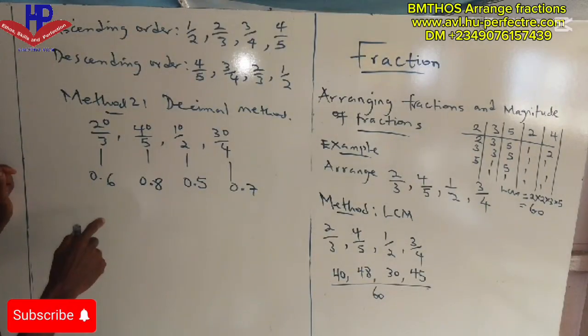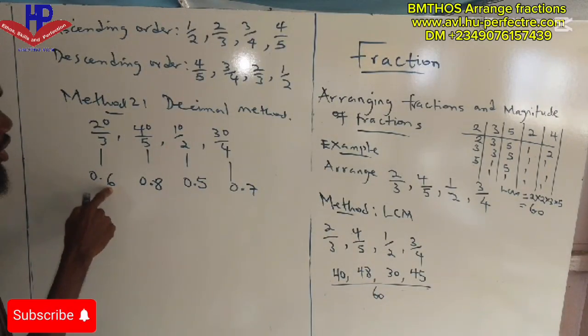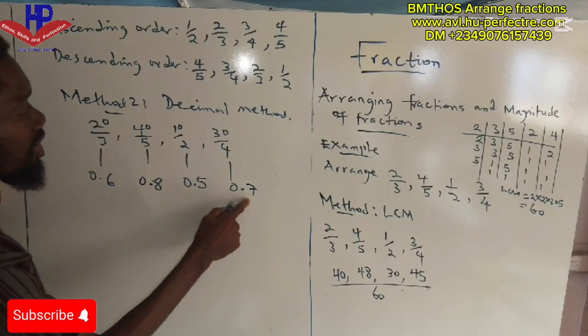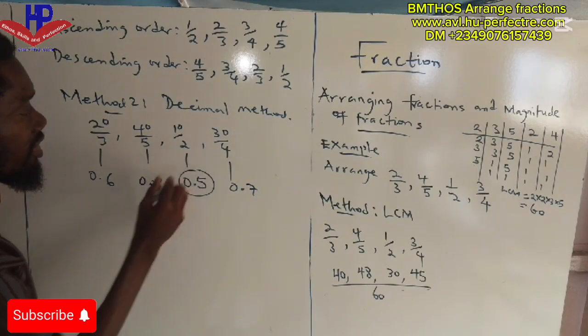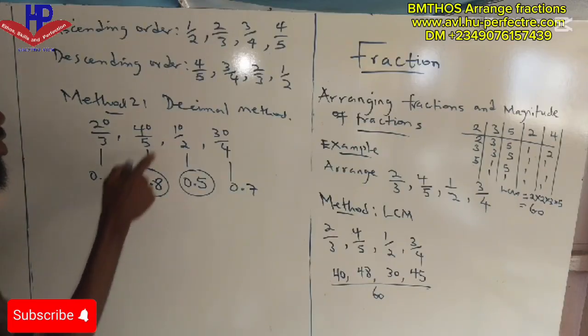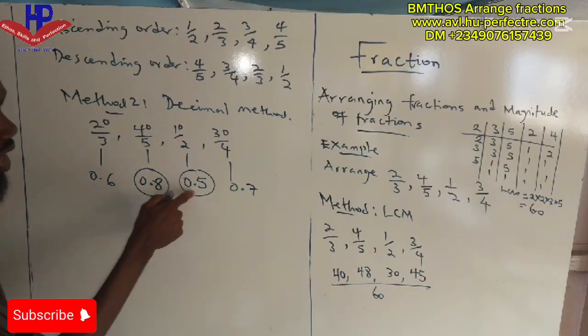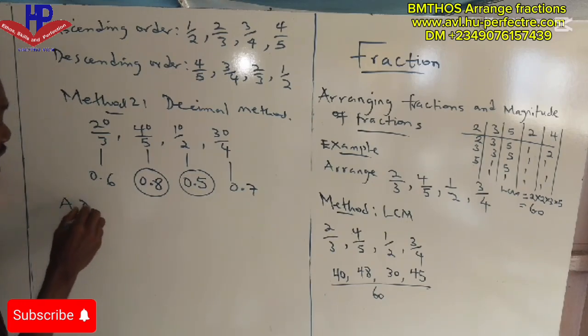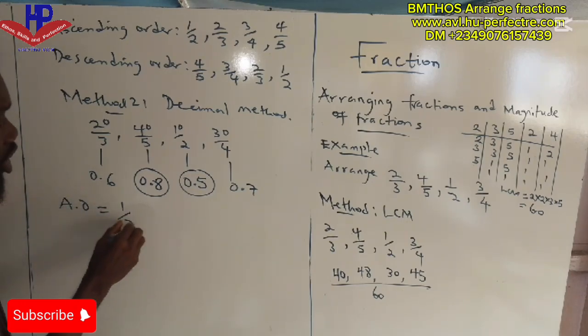So if you look at it carefully, 0.6, 0.8, 0.5, 0.7. This is the smallest and this is the biggest. By arrangement, 1 over 2 will come first because 1 over 2 has 0.5. So in ascending order, 1 over 2 will come first.